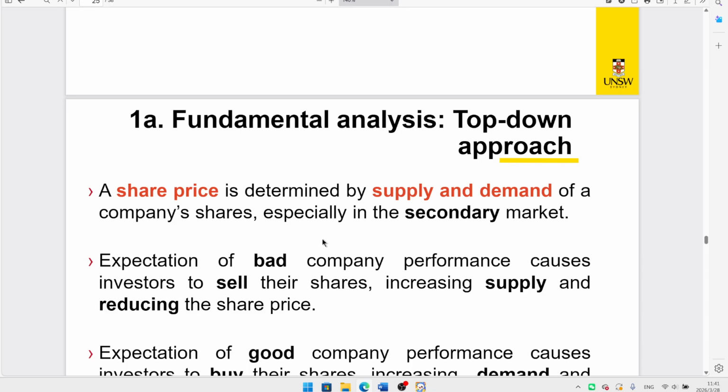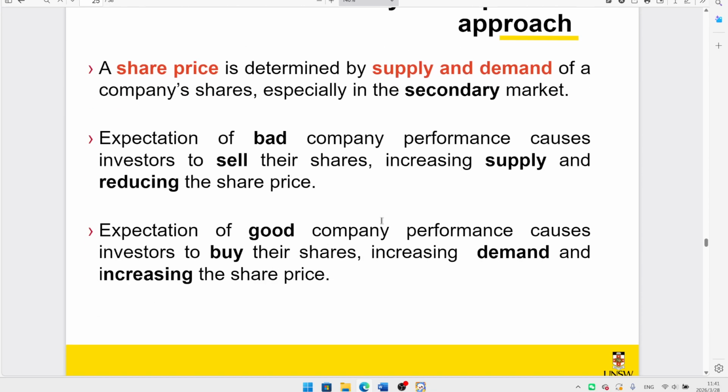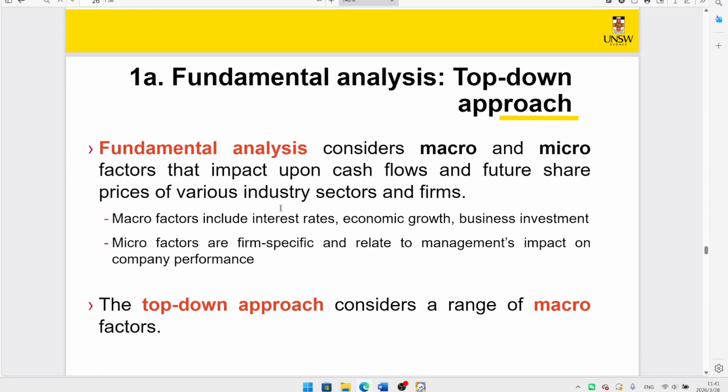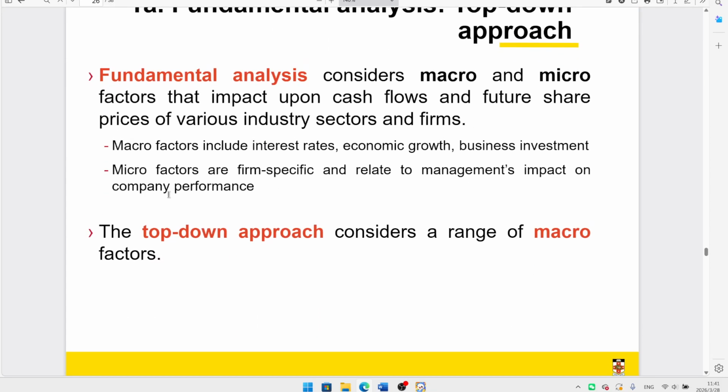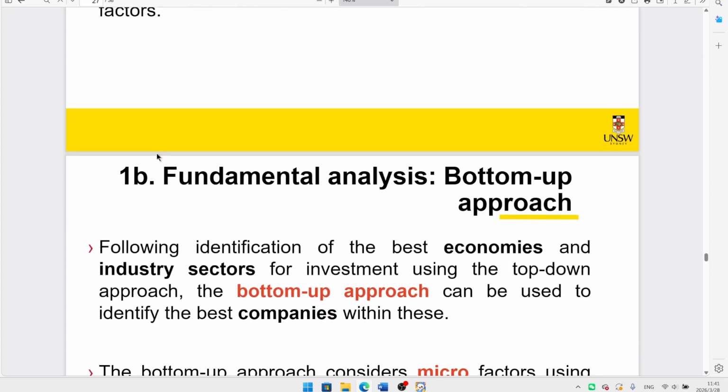Yes, next part we'll discuss fundamental analysis. First is top down, next is bottom up. Top down begins from the macro factors.